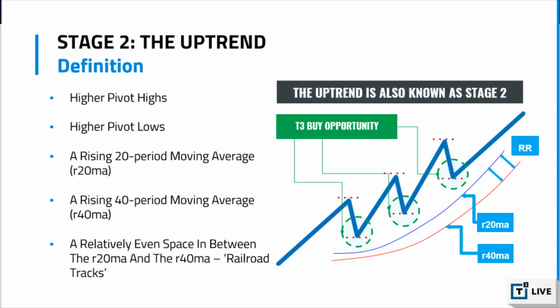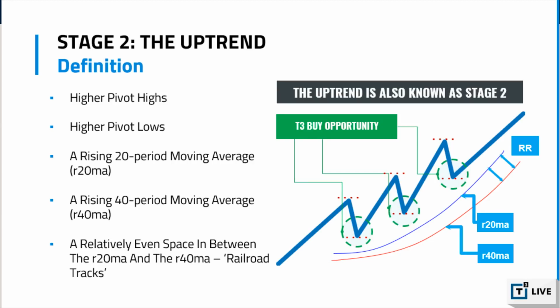I gave you the exact definition of an uptrend, which generally speaking is higher highs, higher lows, higher pivot highs, higher pivot lows. But we also like to add moving averages, 2 of them, 20 and 40. 40 is double the 20, so it gives you the railroad tracks when it's a really good trend. Or you can also use the 10 and 20 or the 8 and the 20 on smaller time frames.